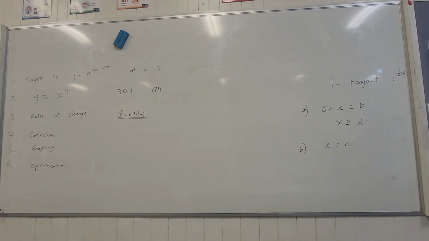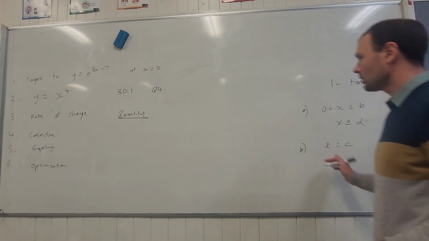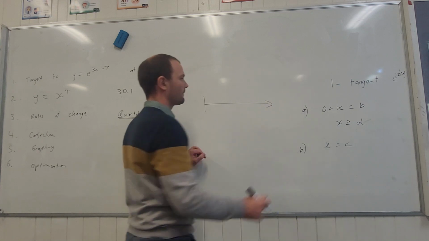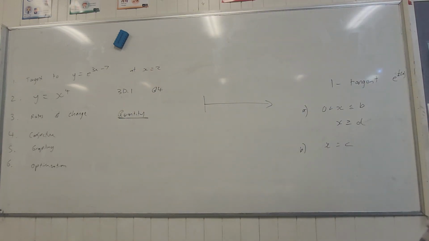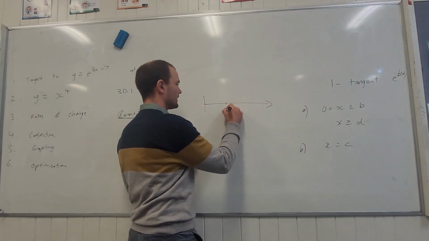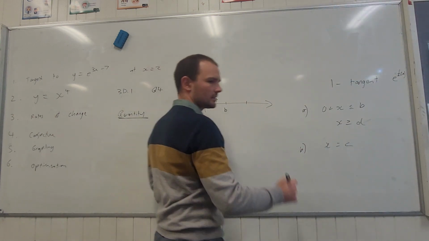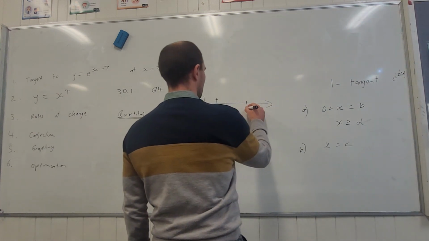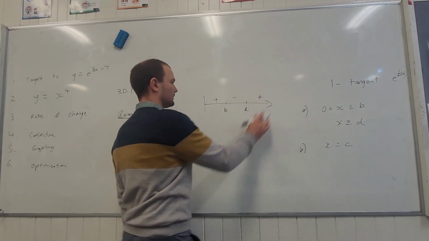And now let's draw a graph of f dash of x. What I like to do is draw a sign diagram first, and that helps me draw a graph. To draw the sign diagram, I can see it's increasing until we get to B, and then it's decreasing until we get to D, and then it's increasing.